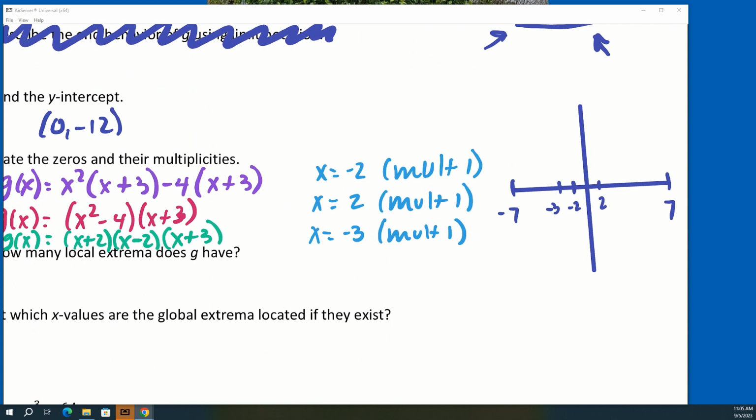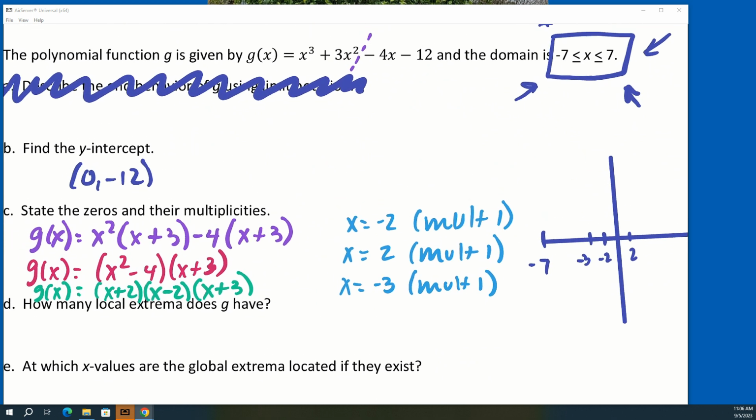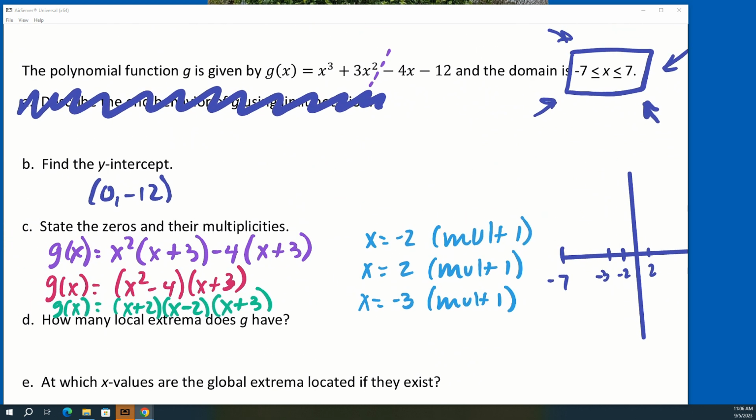I did mark out A just because it doesn't really make a lot of sense for this particular problem. But on the left side of this graph, should it be really, really low or really, really high? If it didn't just stop at -7, would the left side be at negative infinity or at positive infinity? The right side is going to be positive infinity. The left side should be the opposite, negative infinity.